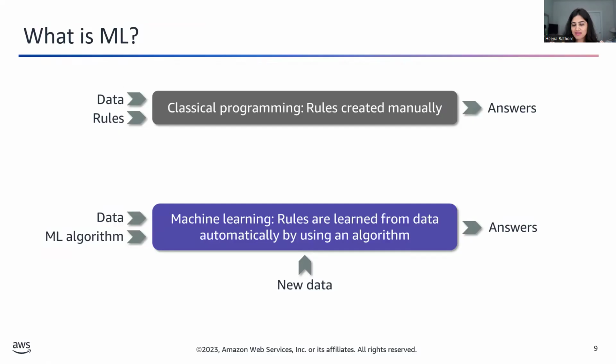Your basic classical programming, which is rule-based programming, takes data and some rules, and it provides answers. However, in machine learning, you have data and an ML algorithm which will learn the pattern associated with it, and then based on new data being fed in, it will predict or classify.